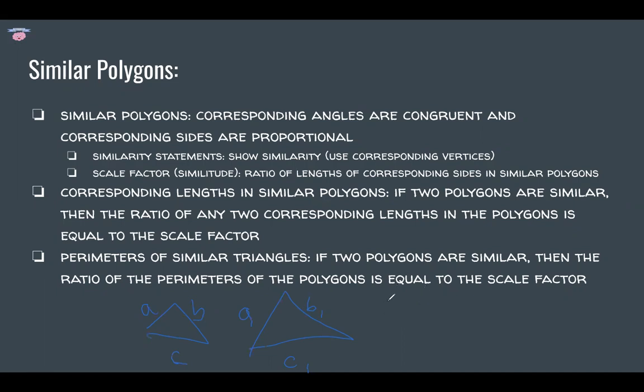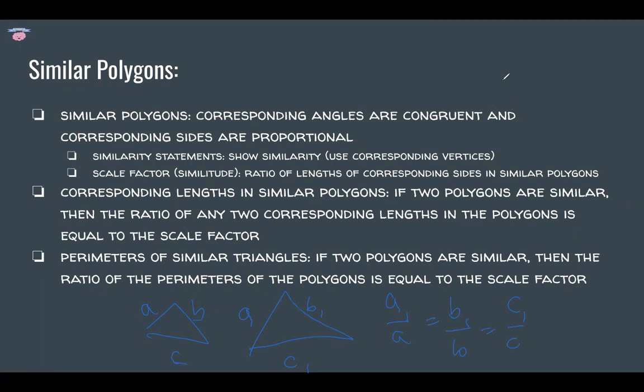So the scale factor is equal to A1 over A, which is equal to B1 over B, which is equal to C1 over C. Now the perimeter, I'll write on the top.